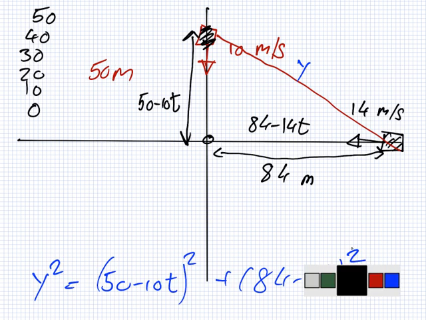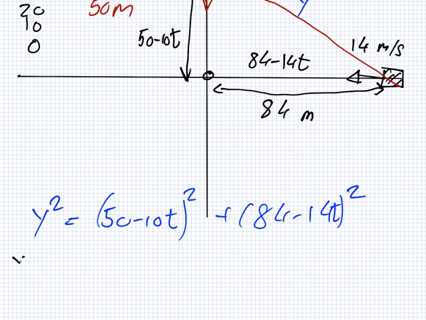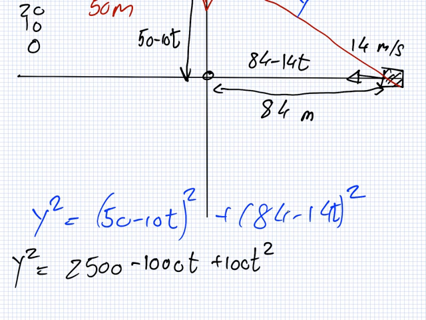Right, I should expand this. y squared equals 2500 minus 1000t. 2 times 50 is 100, 100 times 10 is 1000. Plus 100t squared.